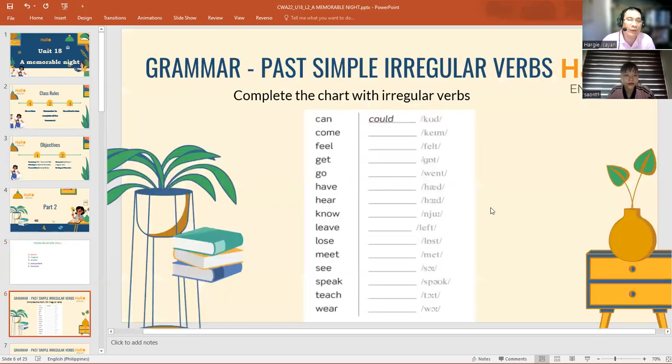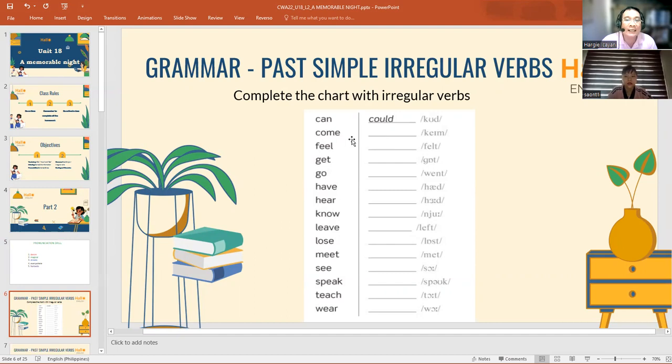Now moving on to the grammar part again: the past simple of irregular verbs. Let's complete the chart with the irregular verbs. It's actually very easy because the pronunciation has already been given, so we just have to supply them.